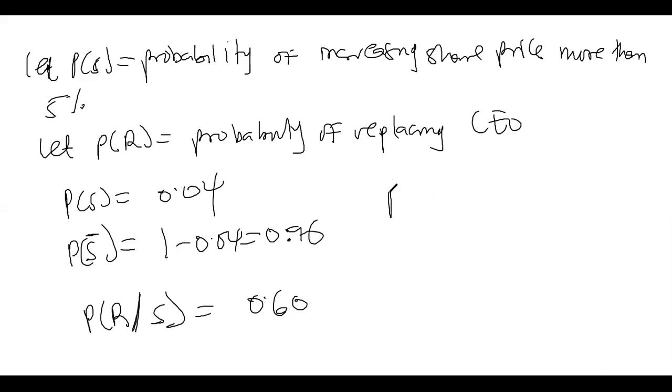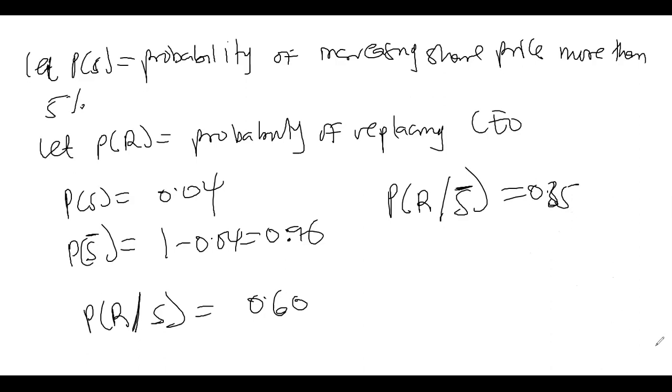So in essence, the probability of replacing CEO based on the fact that you have not increased your share price is 0.35. So let's illustrate these things on the probability tree, and then we will go through how to get the answer.